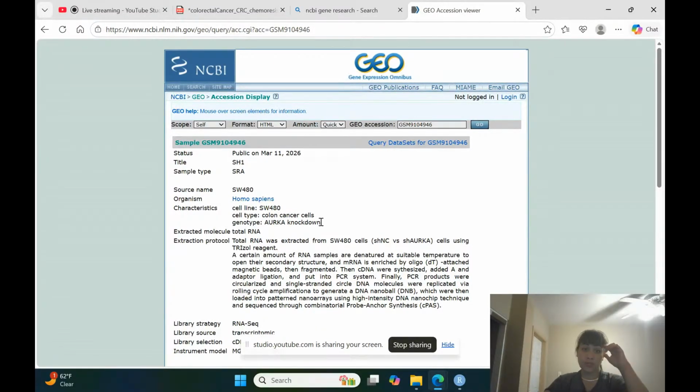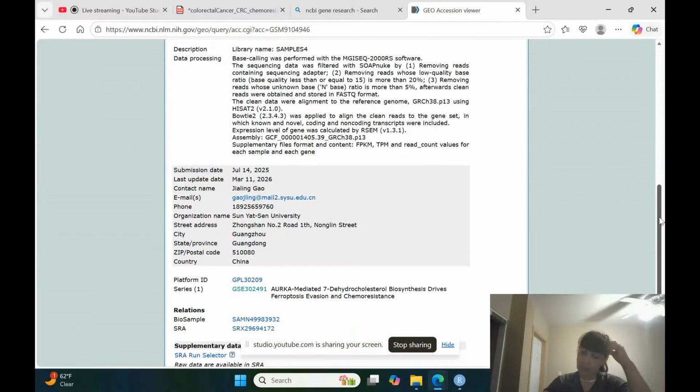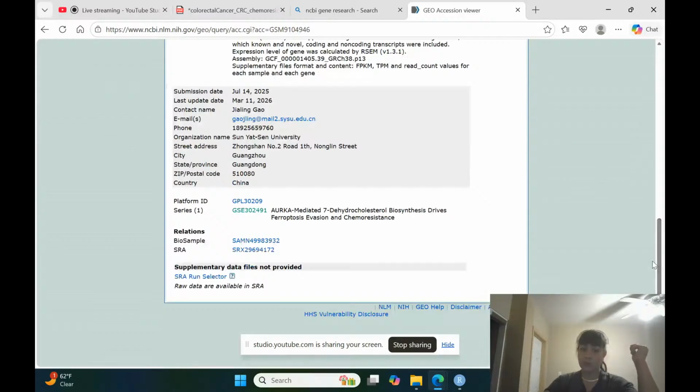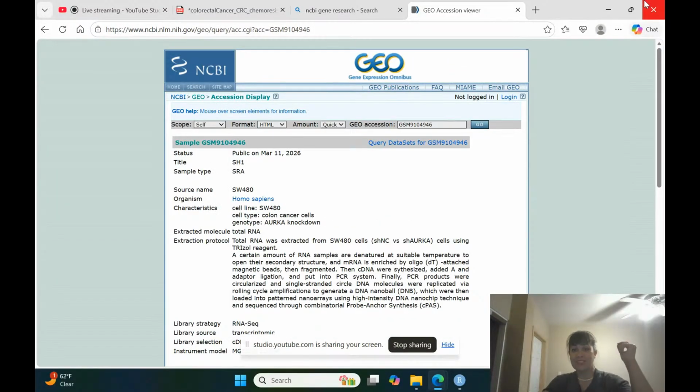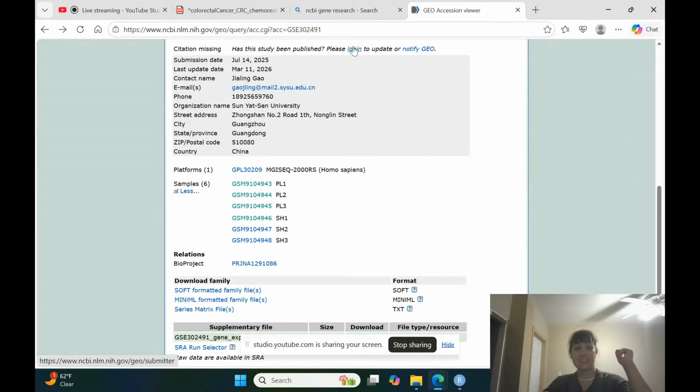So we will have to see basically what genes they're comparing. We'll see what our top gene expression is.